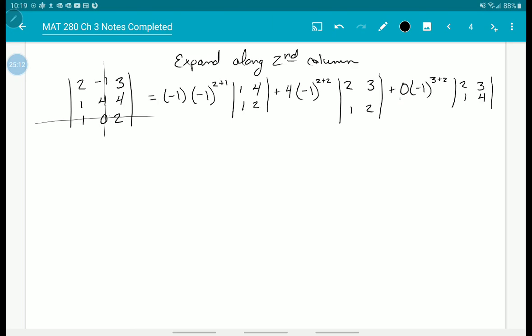And like we said before, 0 times anything is still a 0. So we're going to have -1 times -1 cubed, which is a +1. 4 times -1 to the 4th is a +4. And then 0 times anything is 0.